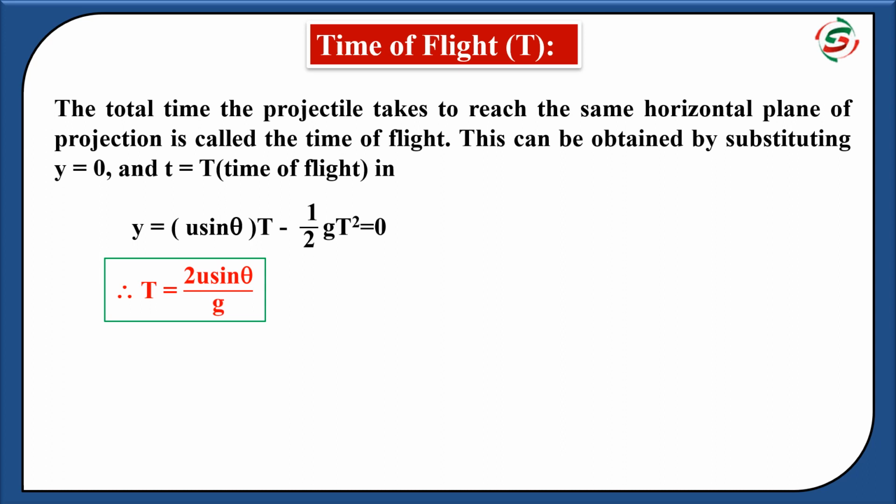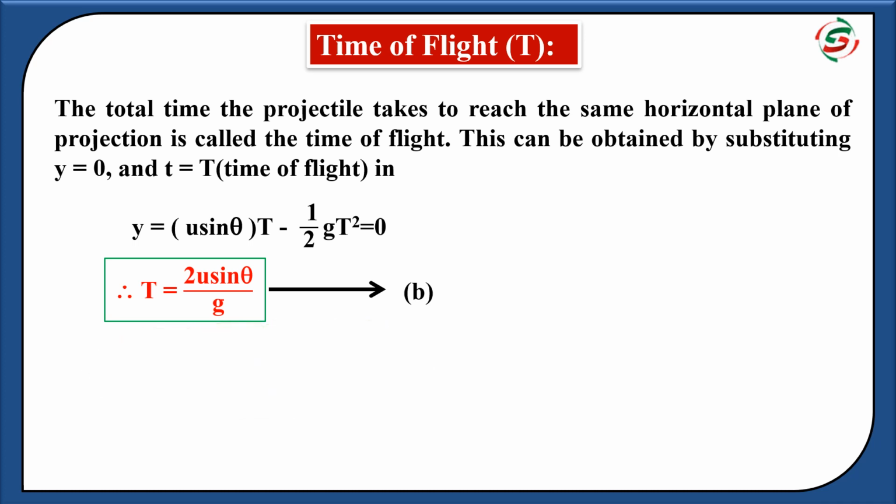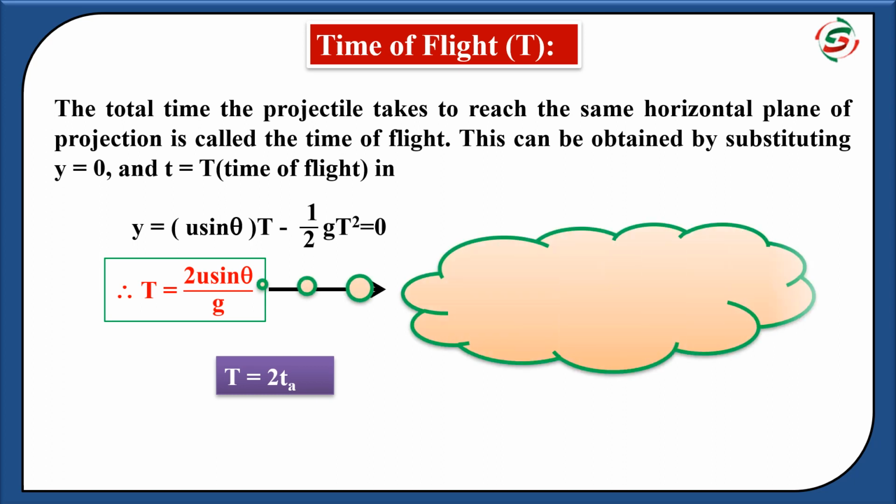From there we get the time of flight capital T as 2u sin theta by g. This is equation B. Comparing equations A and B, we get capital T is equal to 2TA. Time of flight is equal to twice the time of ascent.